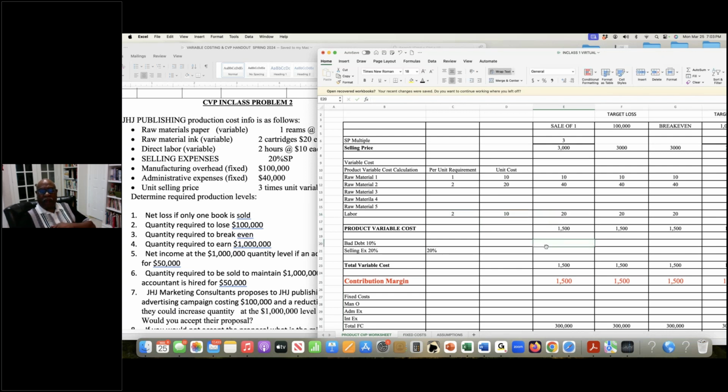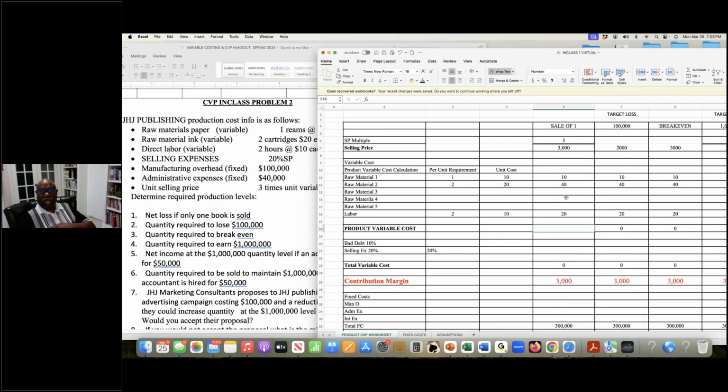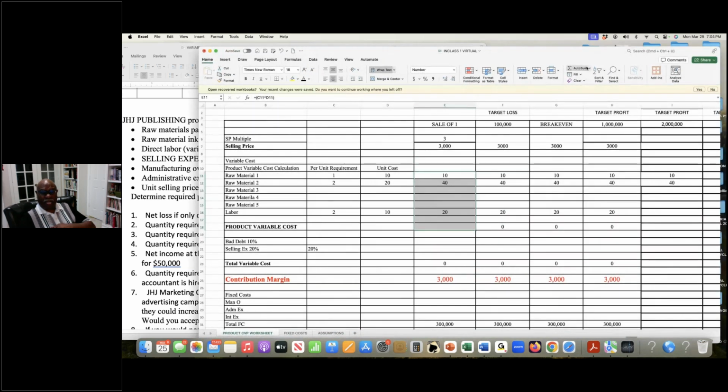And so now my product variable cost, I need to clear these contents here. I'm going to add these numbers up. When we talk about the product variable cost, put auto sum in here, it is $70.